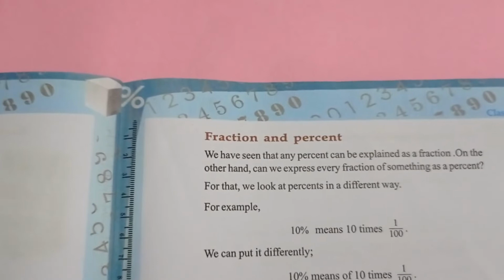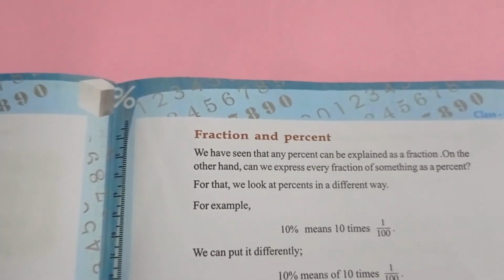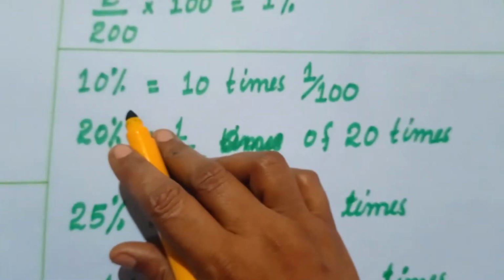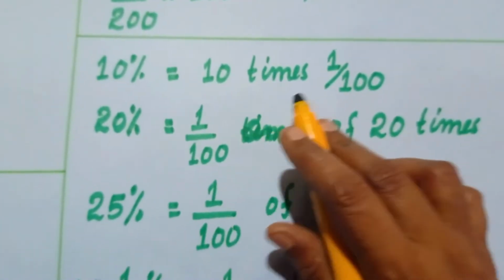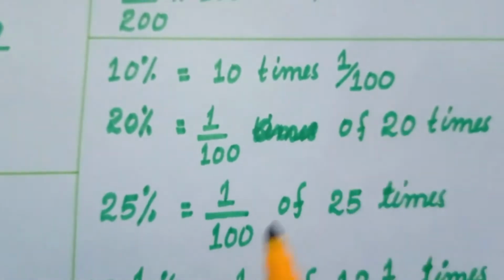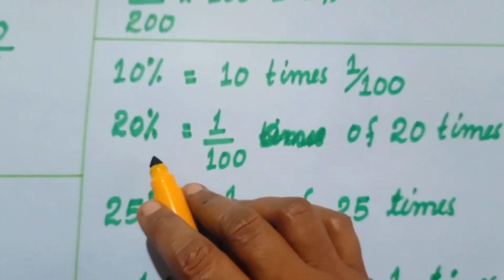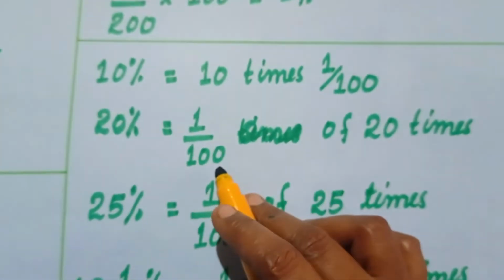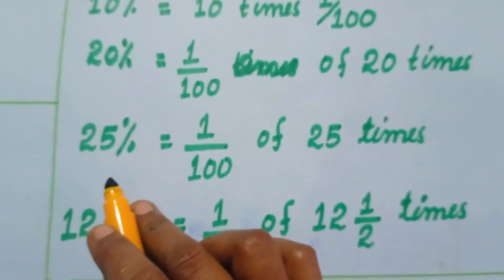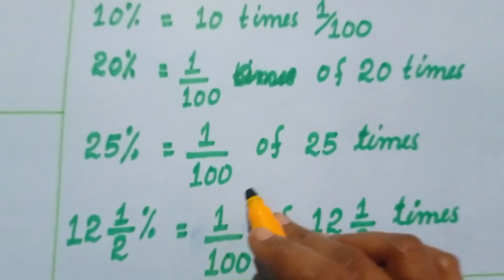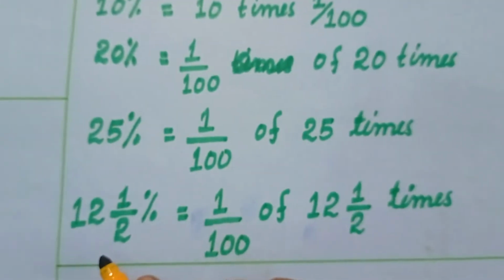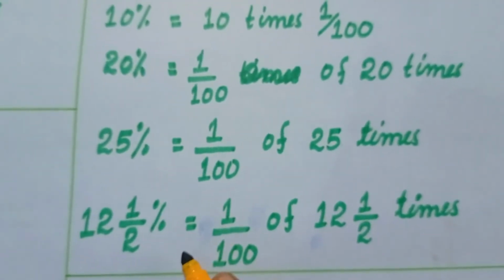For that, we look at percent in a different way. For example, 10% means 10 times 1 by 100. We already saw that. Then 20% means 1 by 100 of 20 times. Then 25% is 1 by 100 of 25 times. Then what about 12 and 1 by 2%?